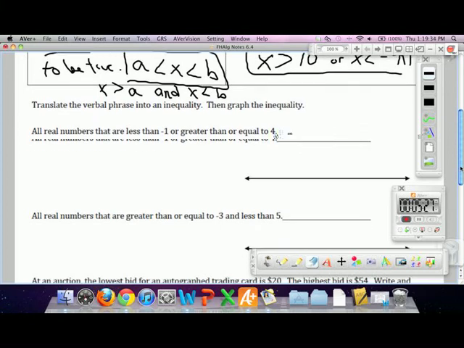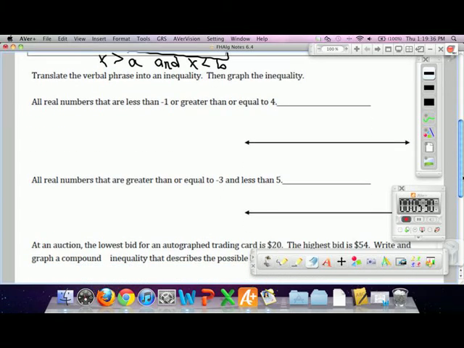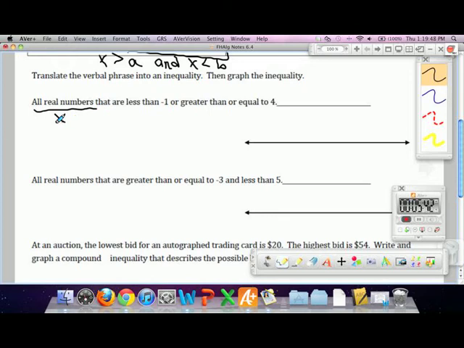Okay. So we're going to translate this phrase into an inequality. It says all real numbers, any real number, which we'll represent with a variable, that are less than -1 or greater than or equal to 4. So I want any x that's less than -1 or greater than or equal to 4.